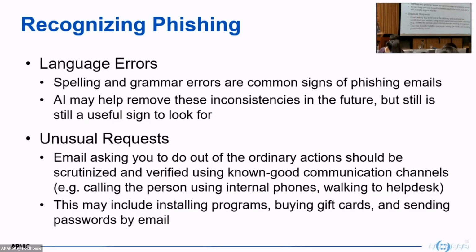There might be language errors as well. Spelling and grammar errors are very common. Yes, I know we have AI and it's making everything better. They still sometimes purposefully add in spelling and grammar mistakes. And sometimes that's to get past certain phishing filters that are looking for very specific words. So some of those misspellings are actually done on purpose.